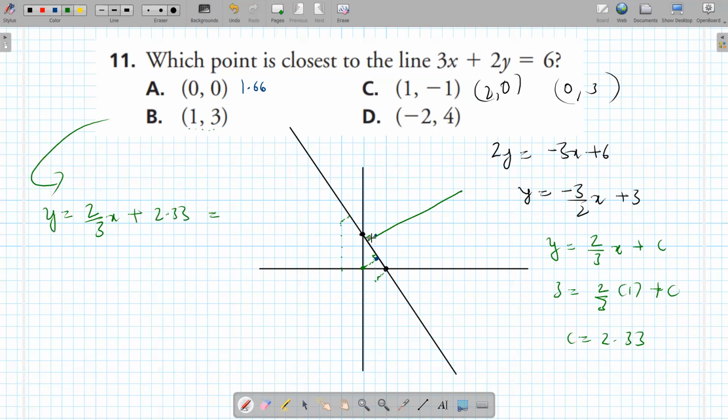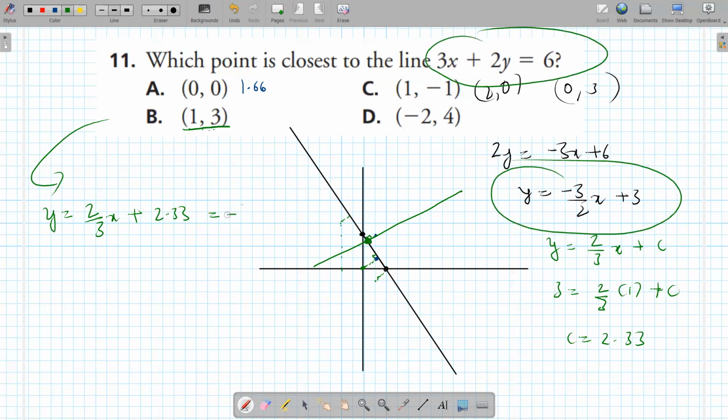We want to see where this intersects the line, which means you set the y's equal to each other. Y from this coordinate equals the y from the main question, negative 3/2 x plus 3. Next, you want to solve this for x. So 2 divided by 3 plus 3 divided by 2, 3 minus 2.33 divided by that.